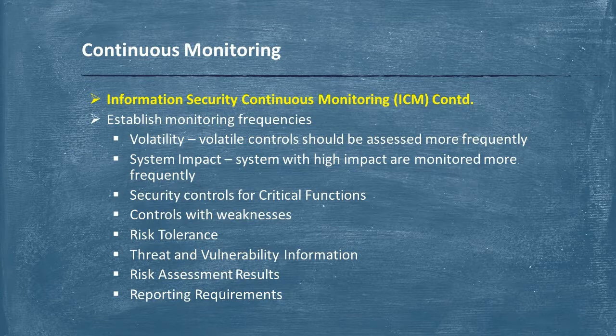Some system impacts also need to be monitored more frequently. It depends on the organization, what they would like to really closely monitor, and what the frequency can be less. That an organization can decide depending upon their business. The critical controls for critical functions may be monitored more frequently. Controls with weaknesses may need more frequent monitoring. So the frequency needs to be decided on these things.